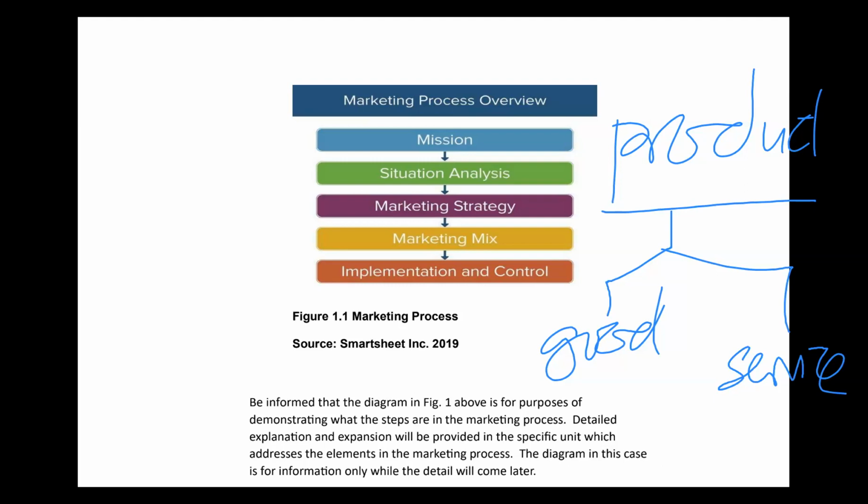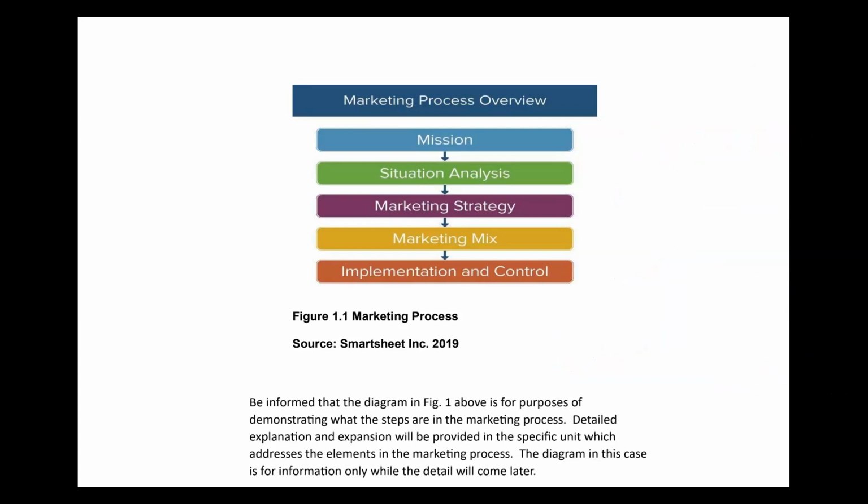So the marketing process actually follows the following stages. Usually there is the marketing process overview. It starts with the mission, then the analysis of the situation, marketing strategy, marketing mix, and implementation and control. Right.